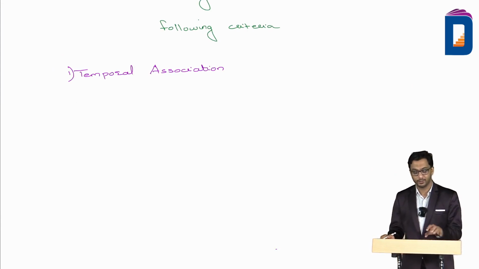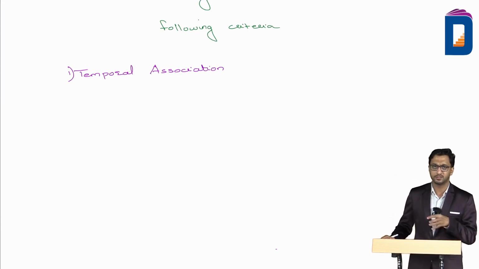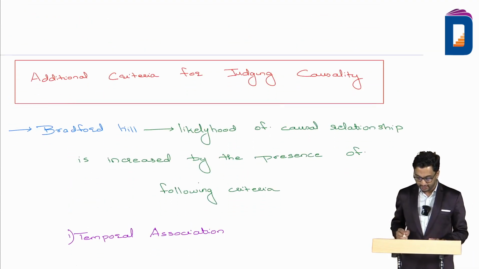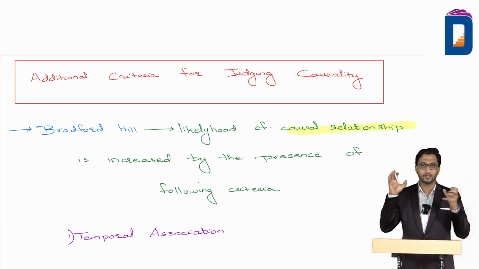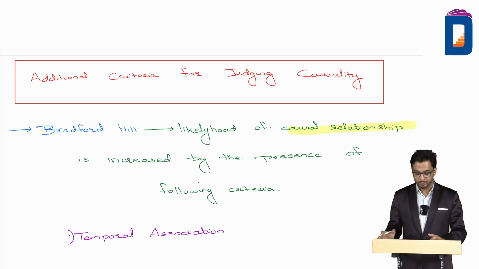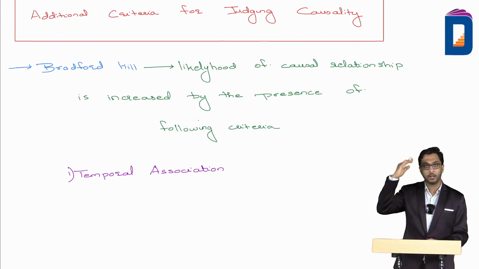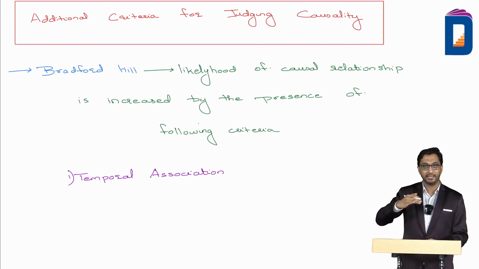Temporal association. This is where people confuse. It's not a type of association. It's a criterion by which the causal relationship is further strengthened. So there are three types of associations: spurious, indirect, and direct.